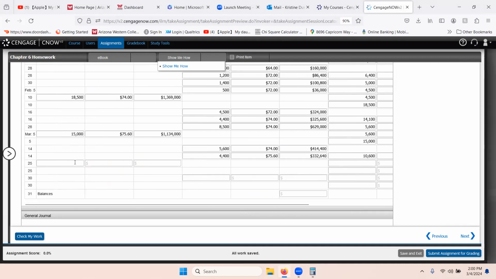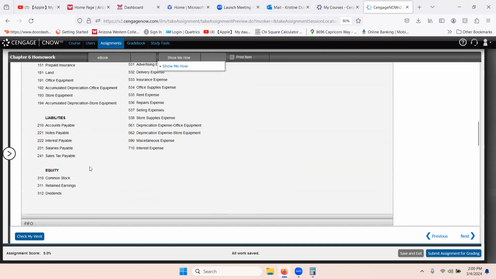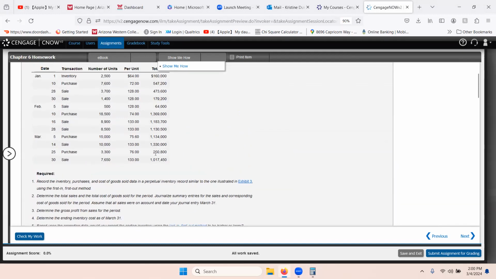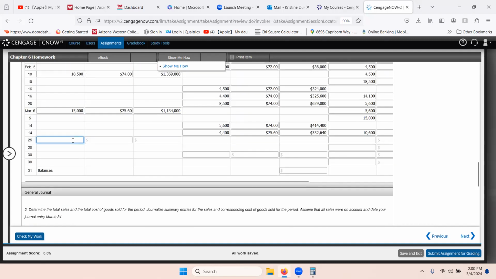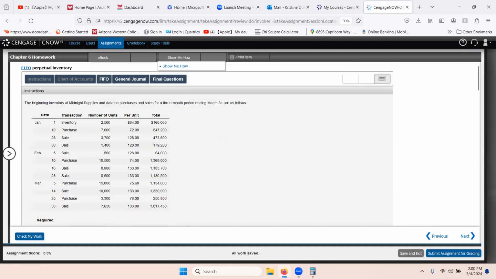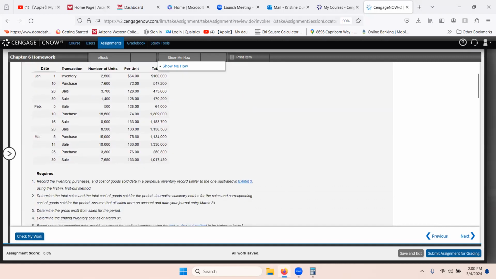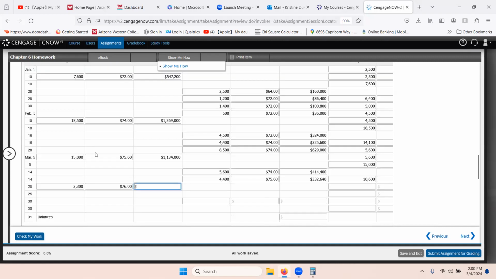So we have one more purchase, and then we have one more sale. 3,300 at 76. You guys just don't know how much fun I'm having. 2,550,80. 250,800. And everybody's going, no, Professor Do, don't have that much fun, but I can't help it.